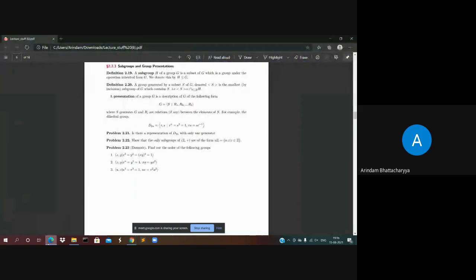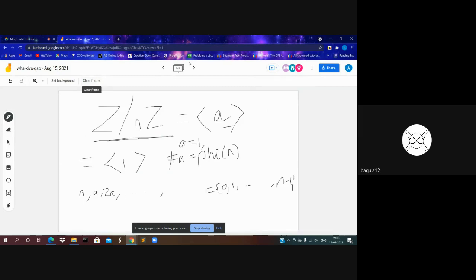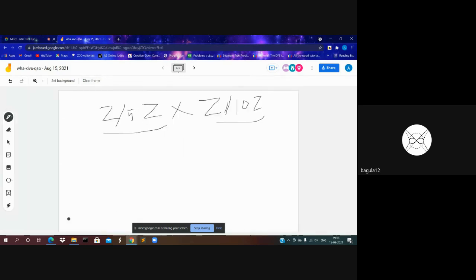So all the numbers which were relatively prime to n will work. In the prime case, this was easier because all the numbers were relatively prime.